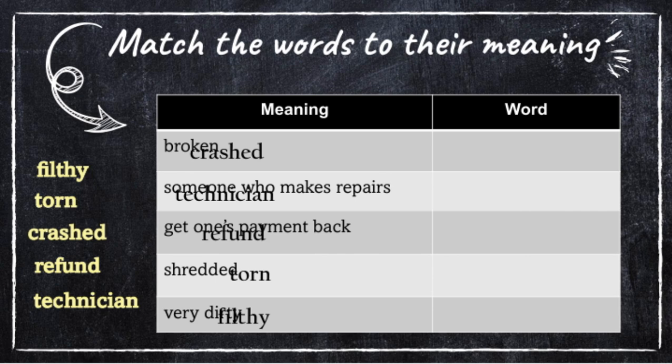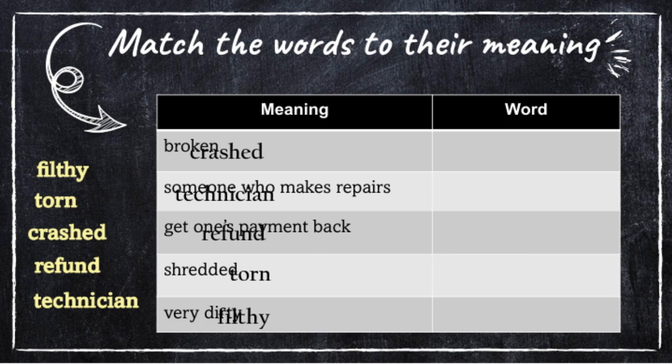Now, if we look at the table, you'll see that broken matches with torn or filthy in some cases, but more specifically, broken is often related to something not working properly. The technician is the person who makes repairs, and get one's payment back is exactly what a refund is.